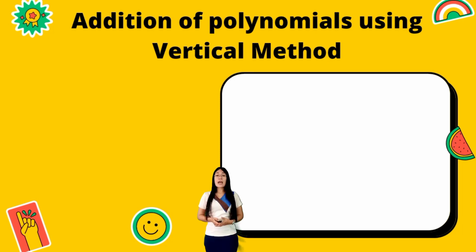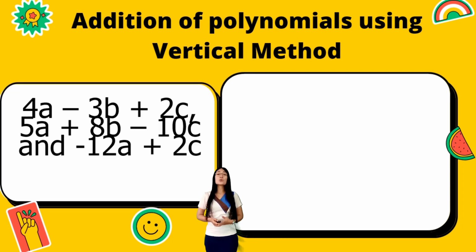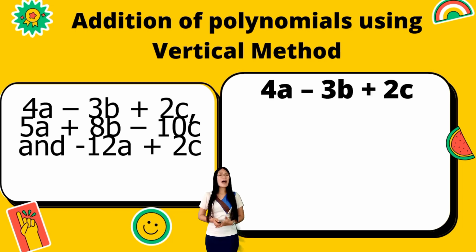There are two methods in adding polynomials. First is the vertical method. For example, 4a minus 3b plus 2c, and we will add 5a plus 8b minus 10c, and negative 12a plus 2c. So we have to align the same literal coefficient.